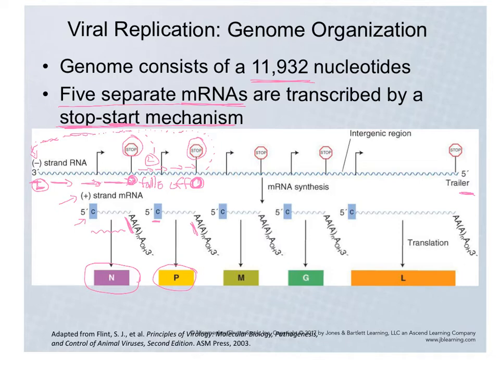And that's okay. We're just going to scan along, transcribe, and now we're making a third messenger RNA for the N protein. And this process continues over and over again.